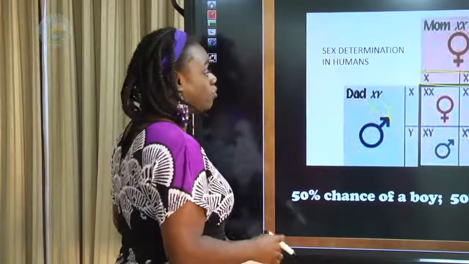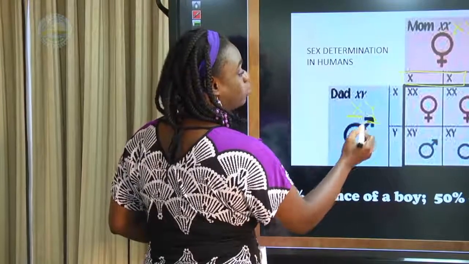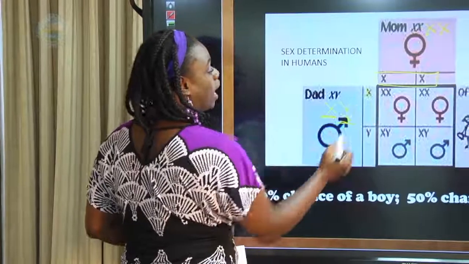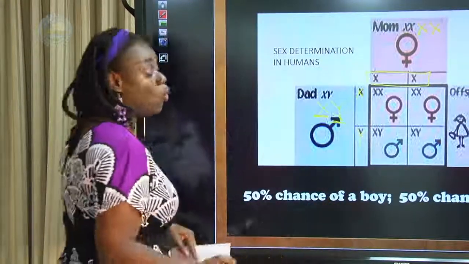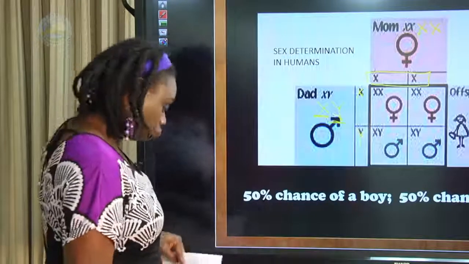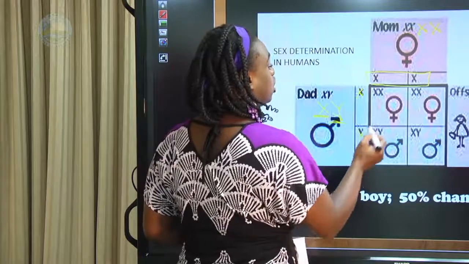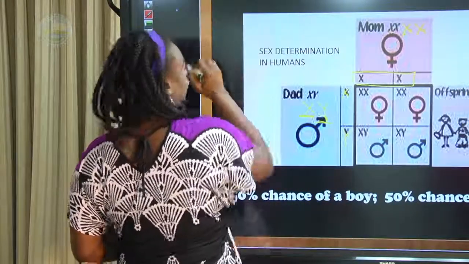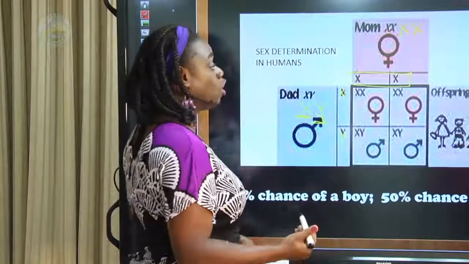For the man, however, because he has X chromosomes and Y chromosomes, some of his gametes would have X and some of his gametes would have Y chromosomes, or Y alleles, sorry. So when we cross them, Punnett square style again, we would have this combination of possibilities of offspring.